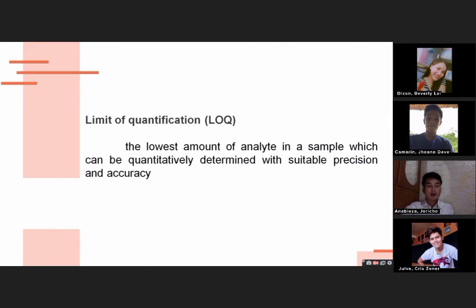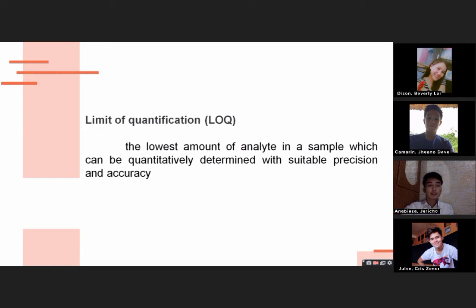So next, we have limit of quantification. The quantification limit of an individual analytical procedure is the lowest amount of analyte in a sample which can be quantitatively determined with suitable precision and accuracy.